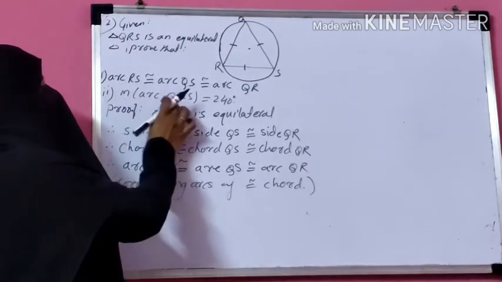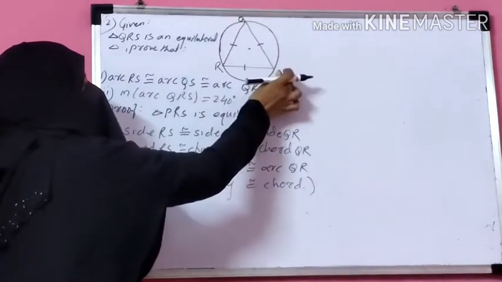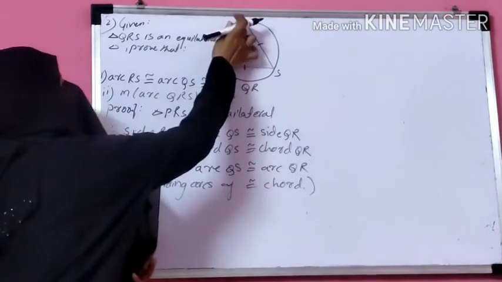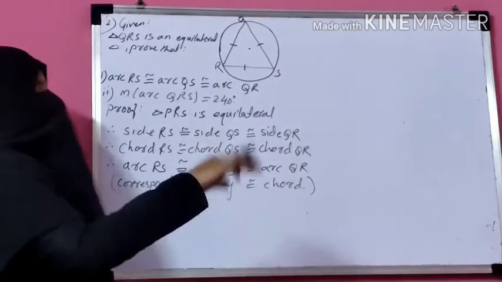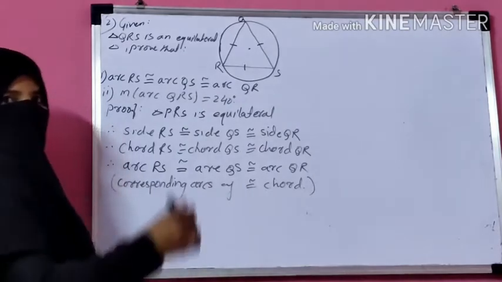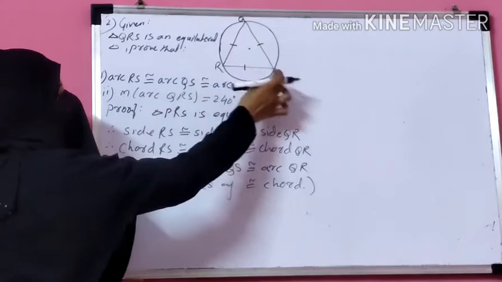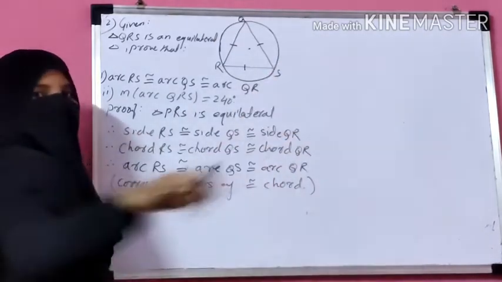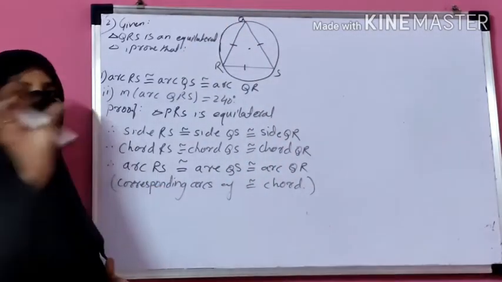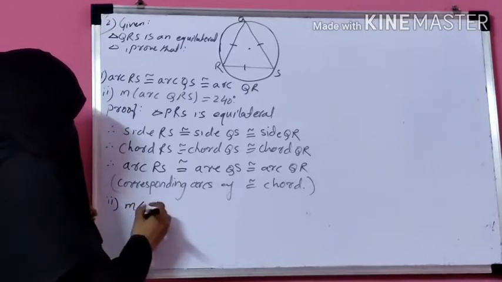Next, we have to find the measure of arc QRS. Measure of arc QRS is the measure of arc QR plus arc RS. So first find the measure of arcs QR and RS, then add both arcs to get the measure of arc QRS. Measure of arc QR plus measure of arc RS plus measure of arc QS is equal to 360, the measure of the circle, because all three arcs combined form a circle.